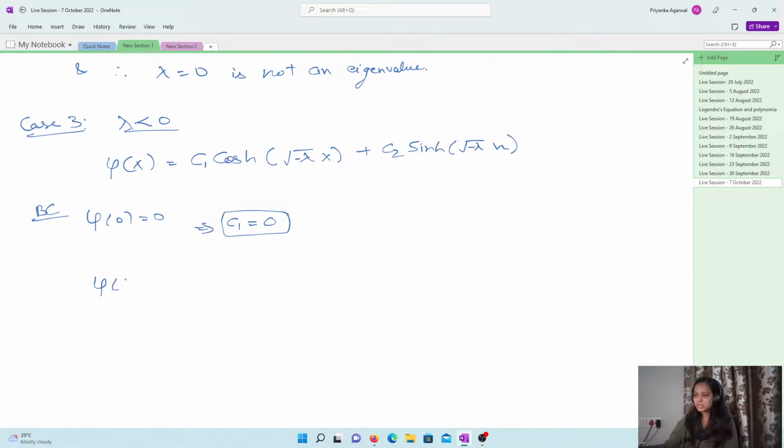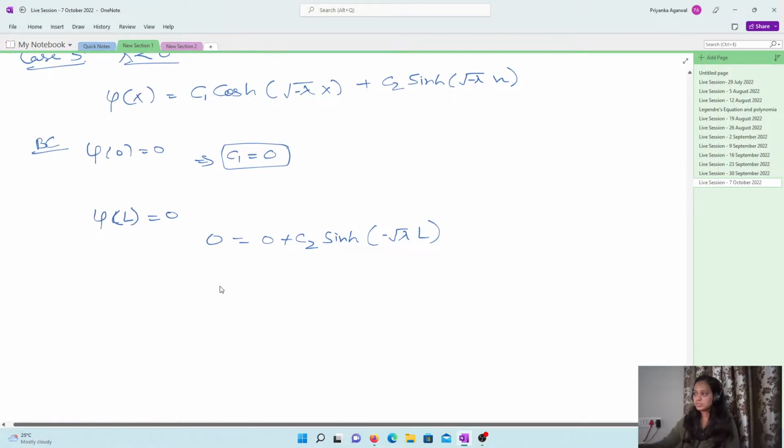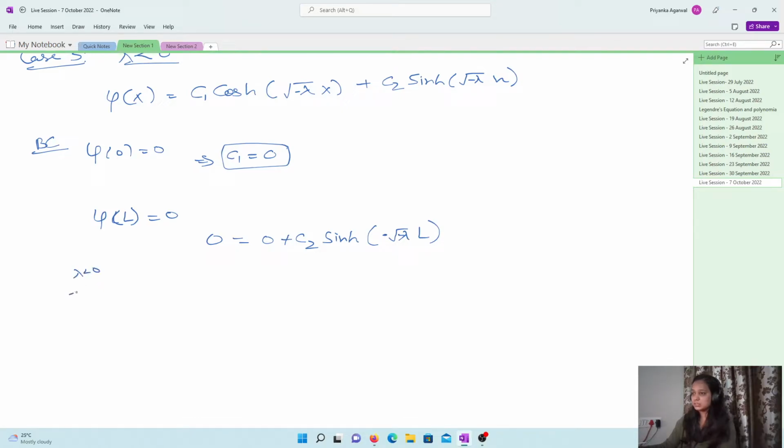Now applying the second boundary condition, c1 is 0, so this is 0 plus c2 sinh of root of minus lambda L. Since we are assuming that lambda is less than 0, minus lambda will be greater than 0, and therefore L times root of minus lambda will not be equal to 0.